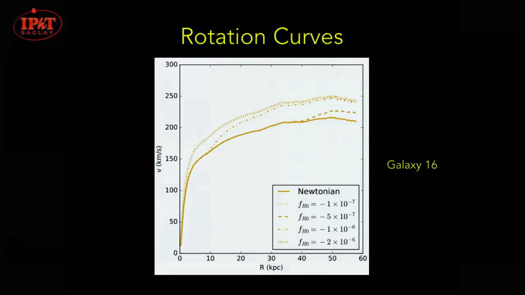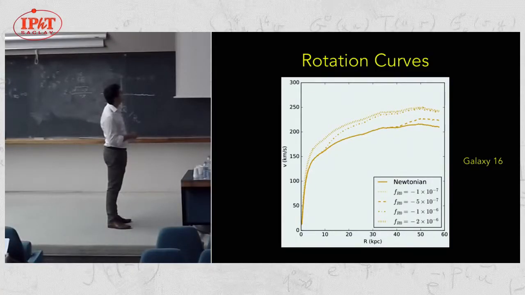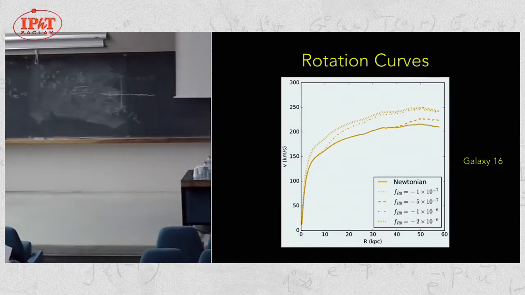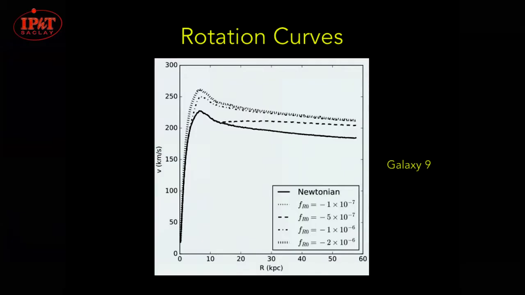And now we observe a similar thing for Galaxy 16. For the strongest value, it's pretty much unscreened all the way in. For the intermediate values, we observe these upturns, and for the weakest value, it's again overlaid by the Newtonian curve.